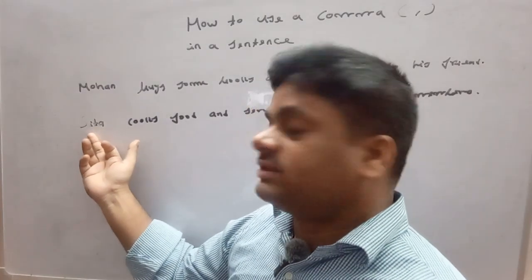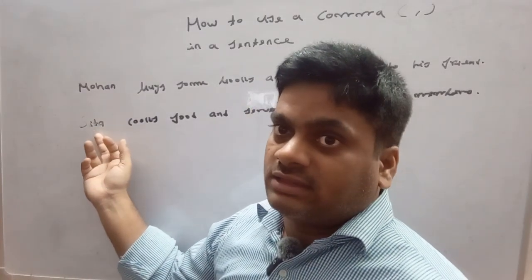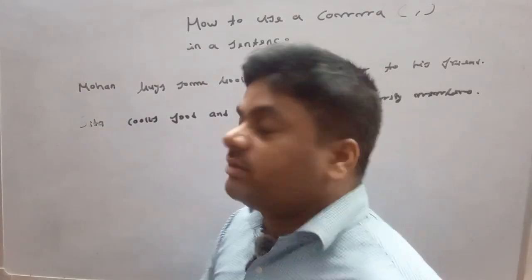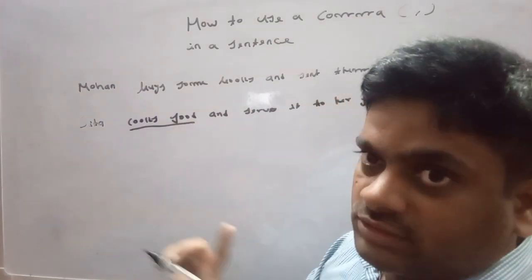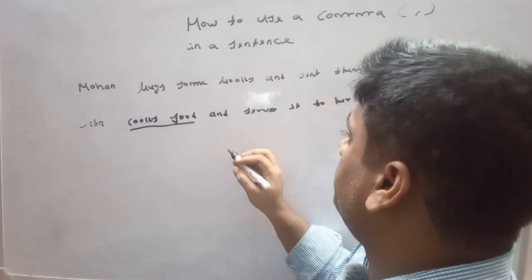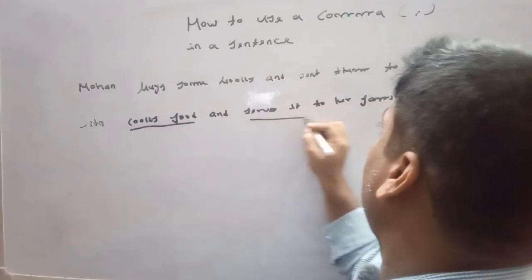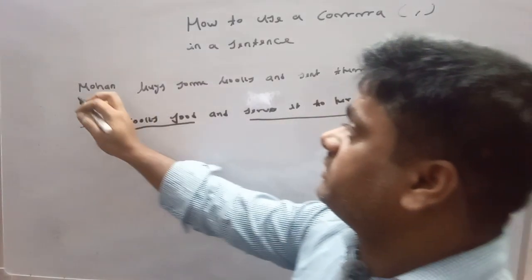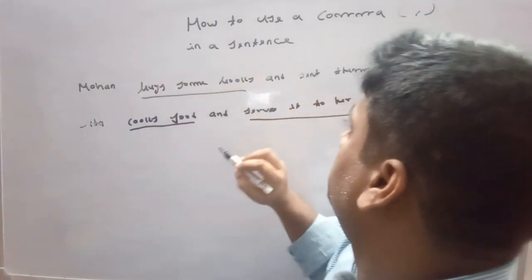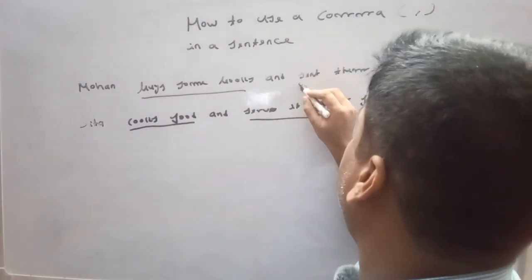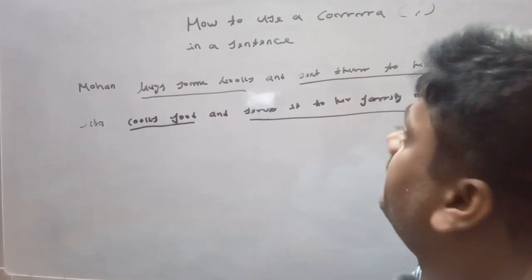Here Sita is a single subject and Sita has two predicates. One predicate is cooks food, and another predicate is serves it to her family members. In the first sentence, the first predicate is buys some books and the other predicate is sent them to his friend.